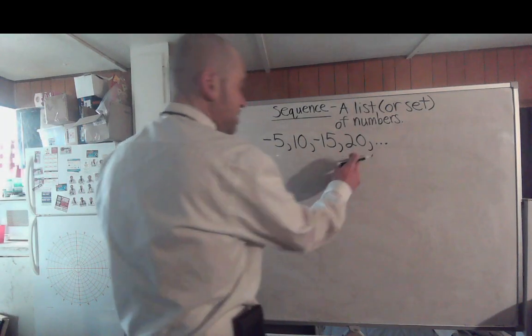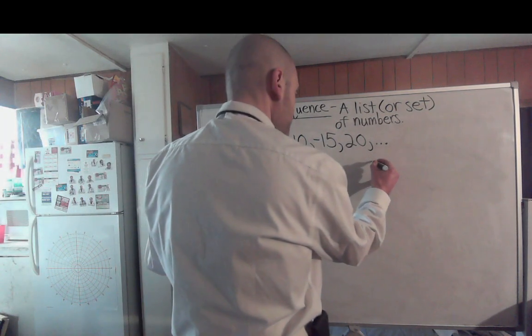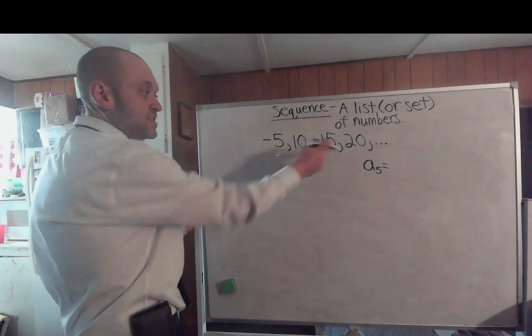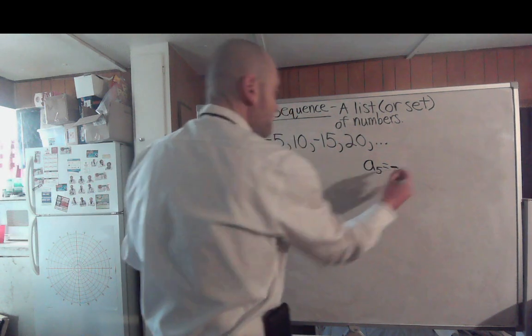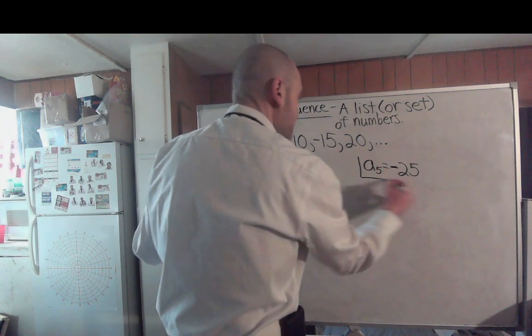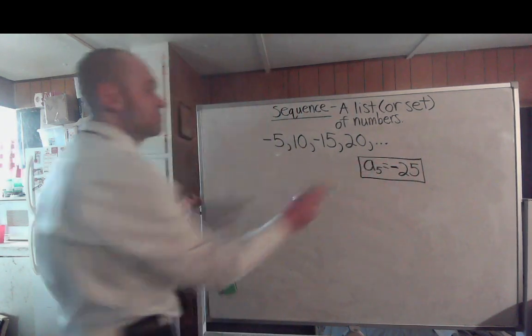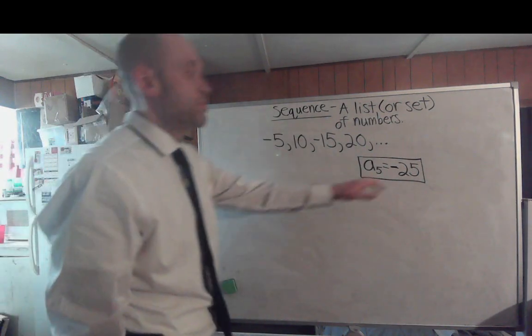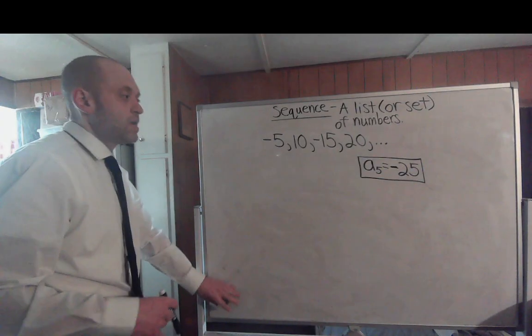So the next one, if we want to get the fifth term of the sequence, it's going to be a negative since it alternates positive and negative, and you should get negative 25 total for your fifth term. So the next term should be negative 25. If we wanted the one after that, it would be positive 30.